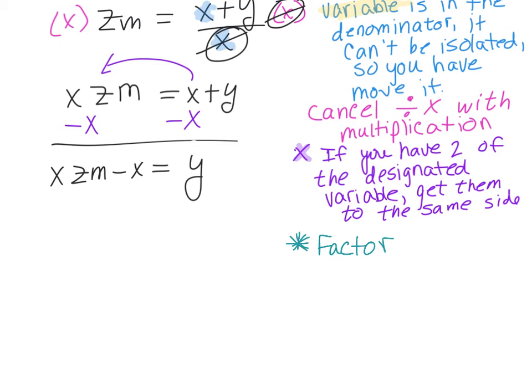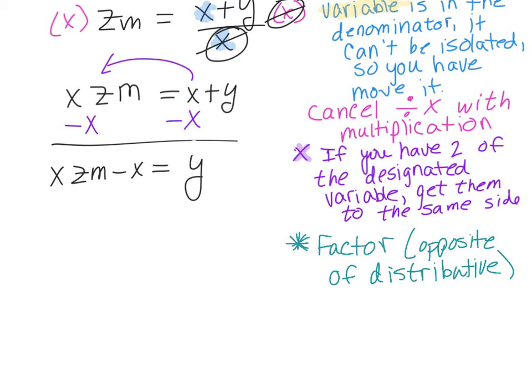Okay. Factoring is the big kid Algebra 1 way of basically saying dividing, or the opposite of multiplying, or the opposite of distributive property. And I'm going to show you what I mean, okay? Just bear with me.